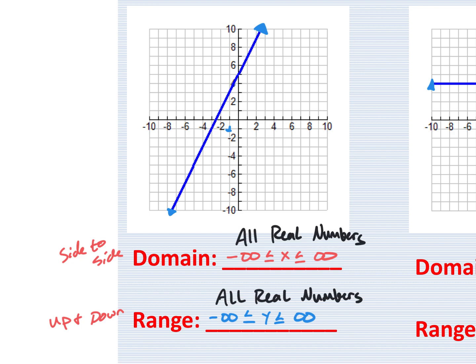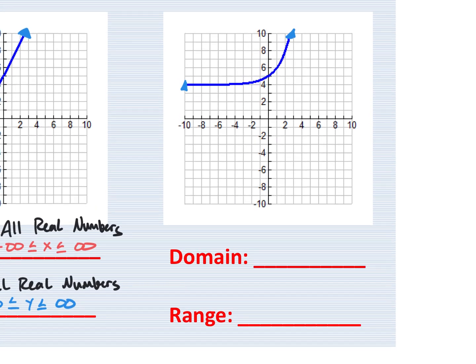Okay. All right. Now, let's look at this next example that is right next to it for domain and range. Same idea here. We want to first look at this and say, okay, our domain goes from side to side, right? Well, here's what I need you to notice. If we started here and here on this graph, what are these two things going to do? Will they keep going forever and ever and ever?